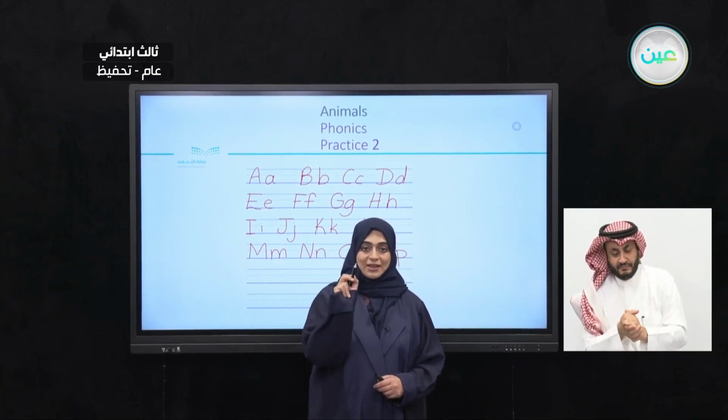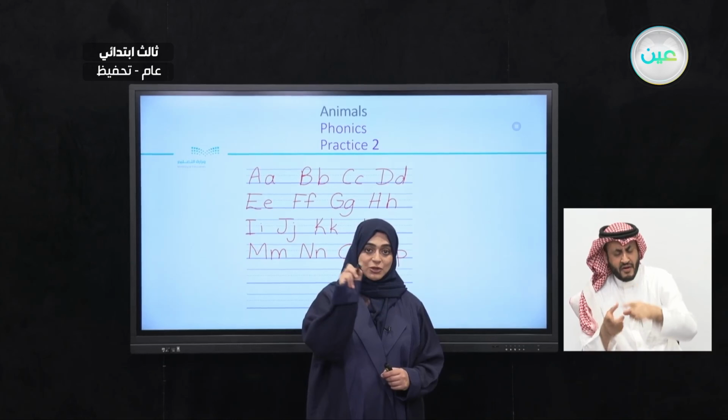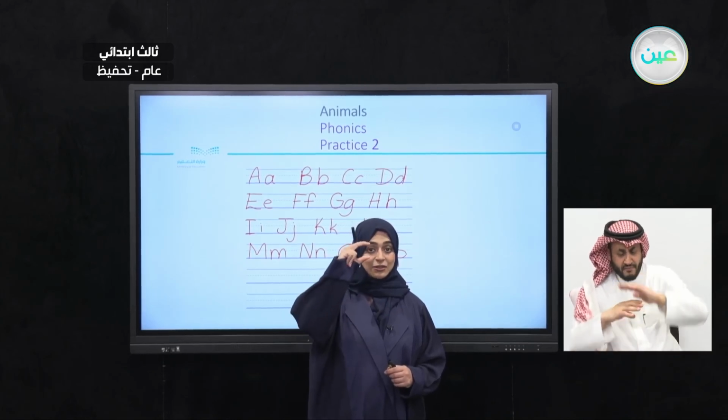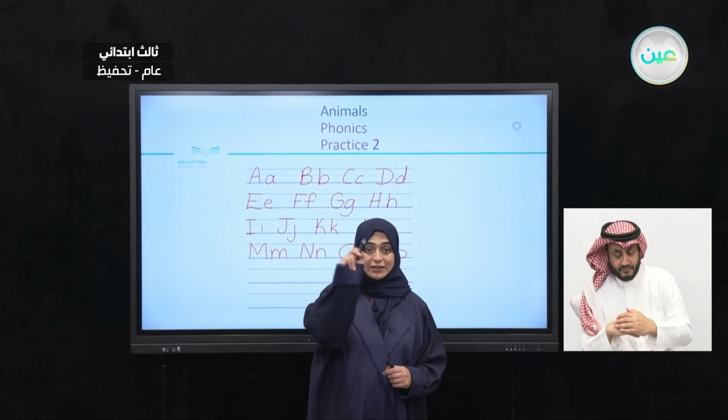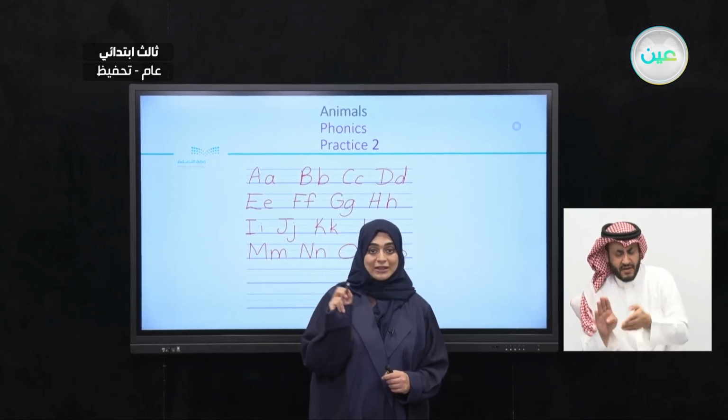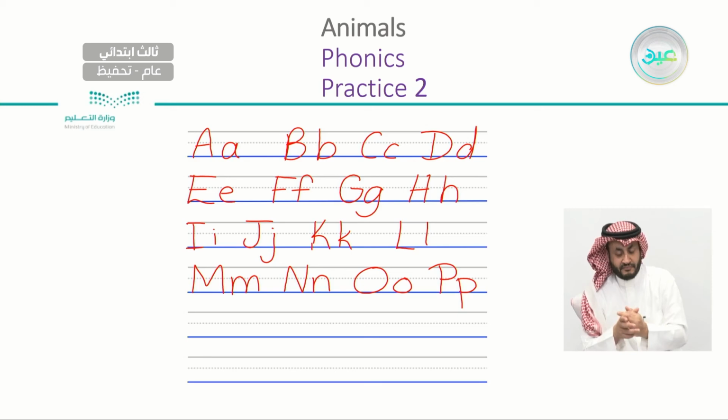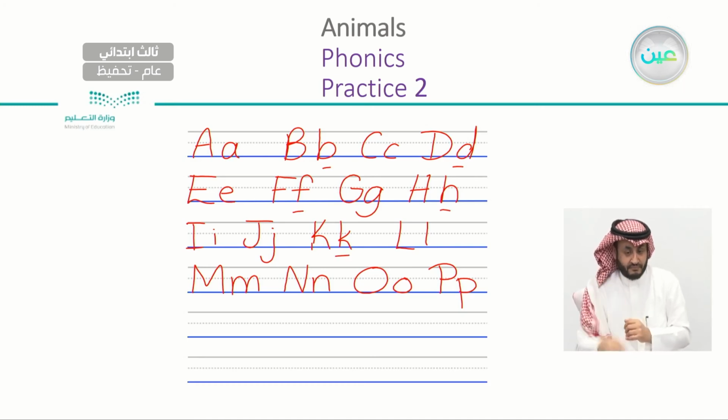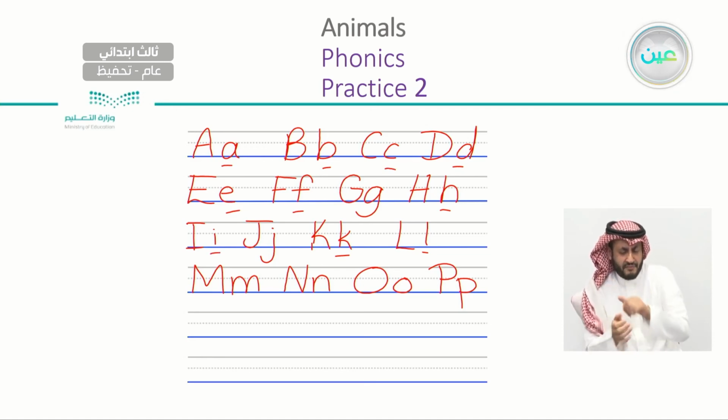No. Usually it starts from the short area, like the A. It either stands like this, or it can be like the letter B, right? So here we have B, D, F, H, K, L, long letters. A, C, E, I, M, N, O, short letters.